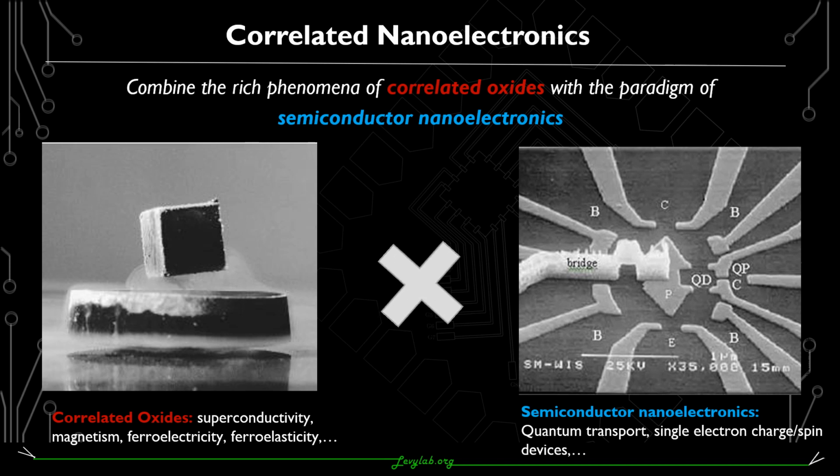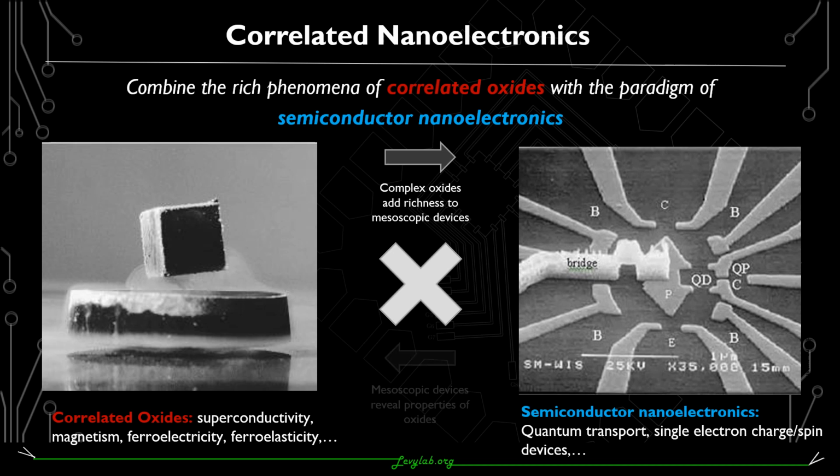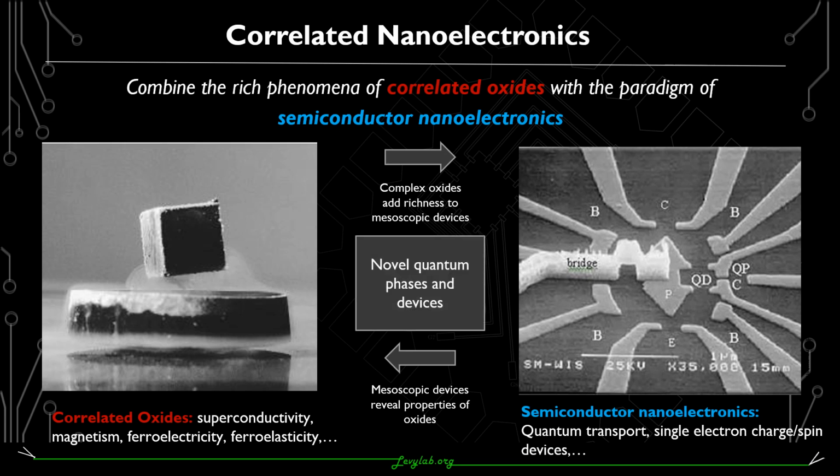By combining these two things, we create added richness to these mesoscopic devices, adding more degrees of freedom to them. And in return, these novel devices allow us to reveal properties of these oxides, such as some of the mechanisms behind superconductivity. Together, we can create novel quantum phases and devices with this material.